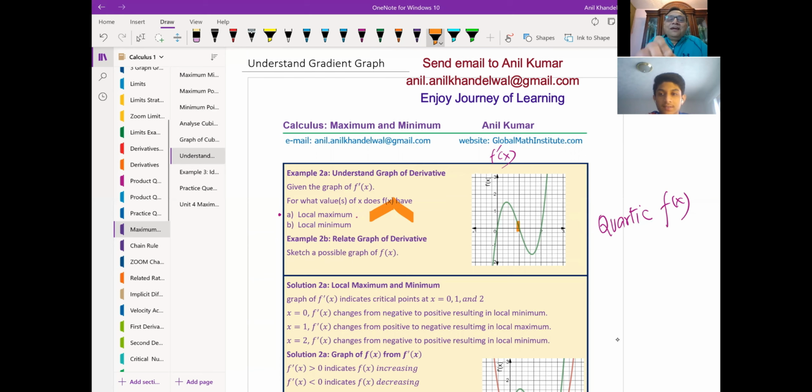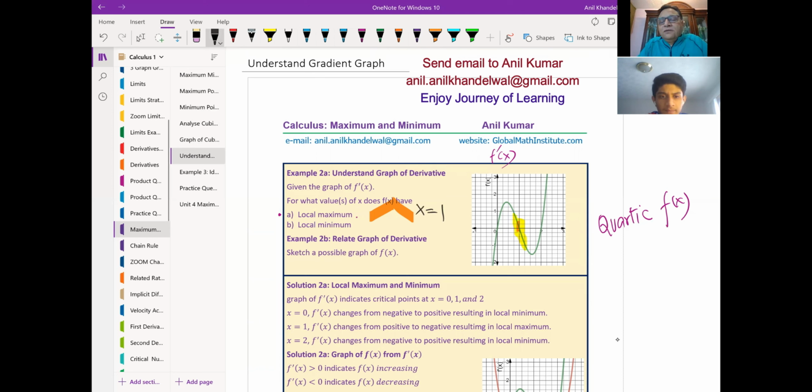At 1, it changes from positive to negative, right? It is going down, positive to negative. Yes, sir. Therefore, at this particular point, we are going to have a local maximum, right? Yes, sir. It's a very tricky question, so you have to understand it now, right? So local maximum at x equals 1, right?